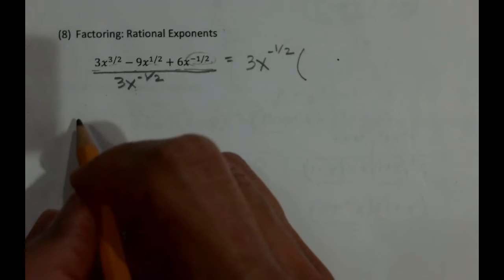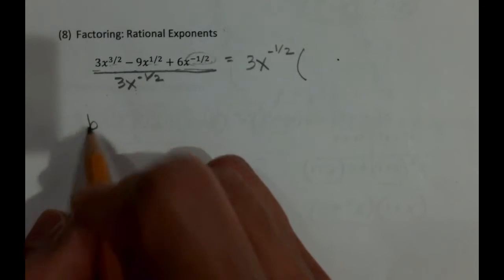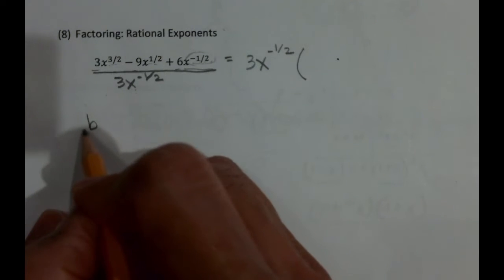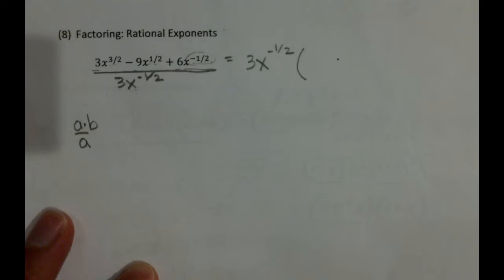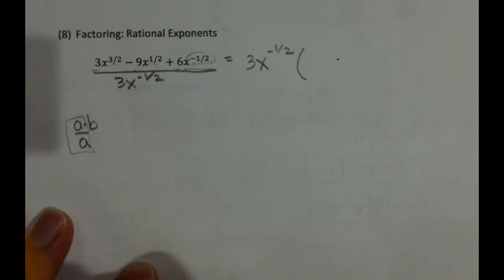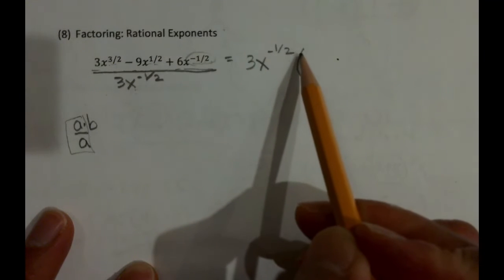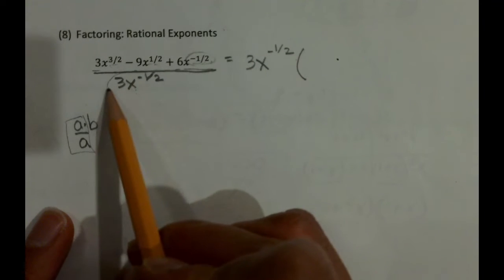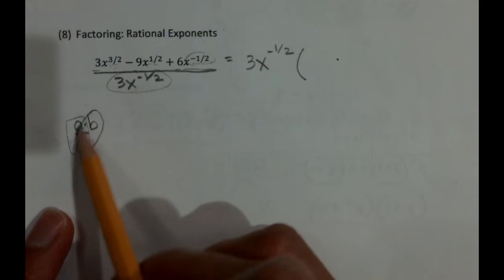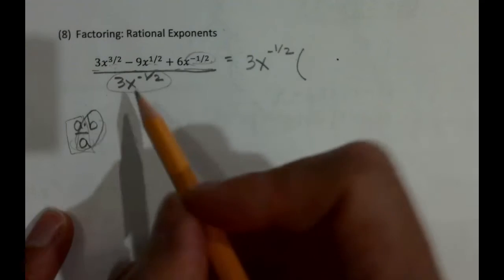In other words, if I have b, it would be equivalent to a times b over a. This is basically 1, so that's what I'm doing. I'm putting it out here as a product, and therefore I am dividing by it to figure out what's left, b over a.